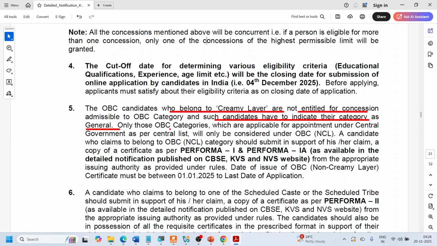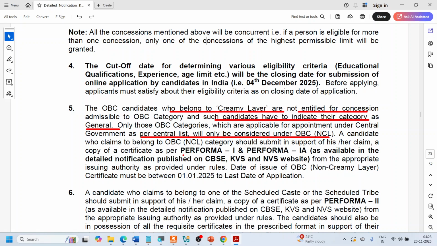Only those OBC candidates who are applying for appointment under central government, as per the central list, will be applying under OBC and CL. So be careful with the OBC candidate. If you belong to the creamy layer, you cannot apply as OBC. This is what they have said here.